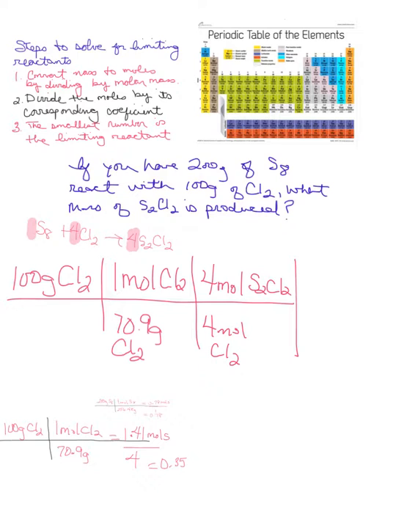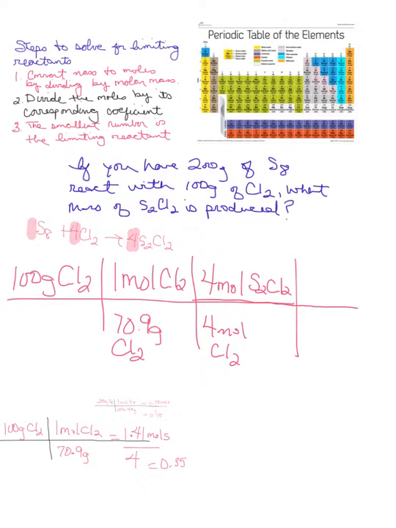At this point, if I was to stop now and just do this calculation, I would only know how many moles of disulfur dichloride I could produce. The problem is not asking for how many moles. It's asking for mass, even though that's difficult writing to read. It's asking for the mass. So I need to calculate the mass, the molar mass of disulfur dichloride.